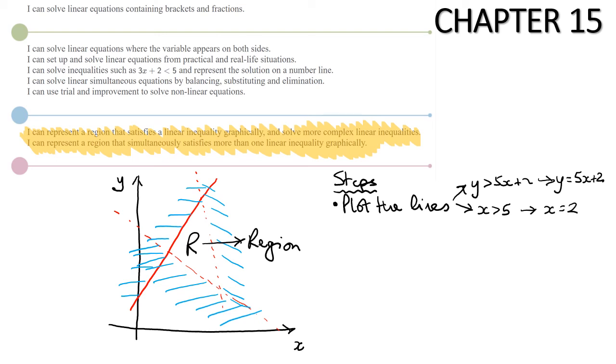So when you plot the lines, take the inequalities that you're given and make them equal to, so put an equal sign there instead of a greater than or less than. Then use a method, and there are methods in previous videos about plotting lines.